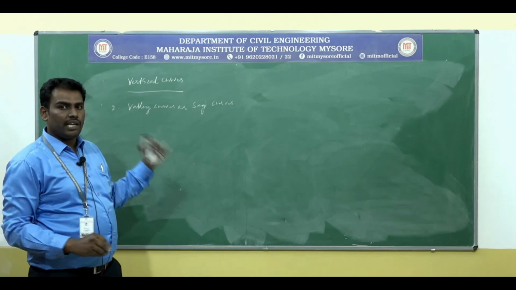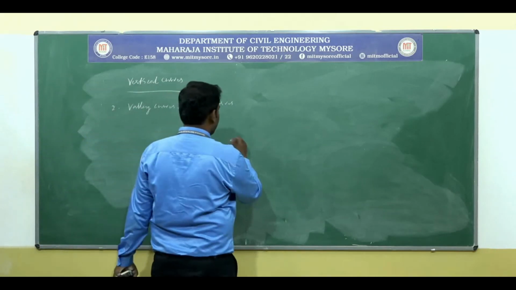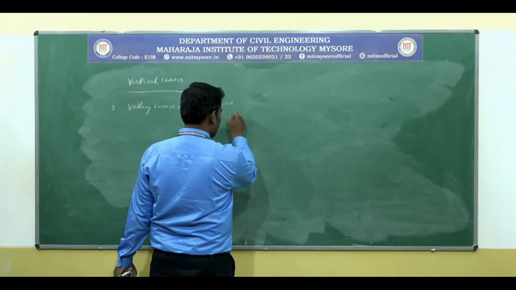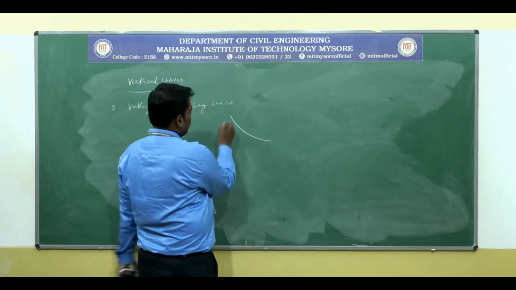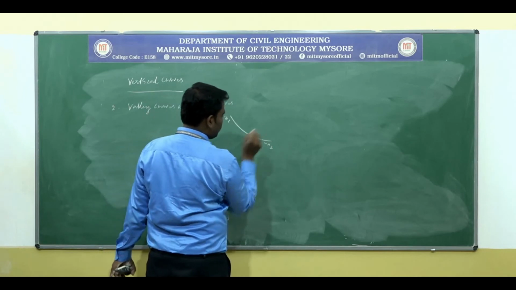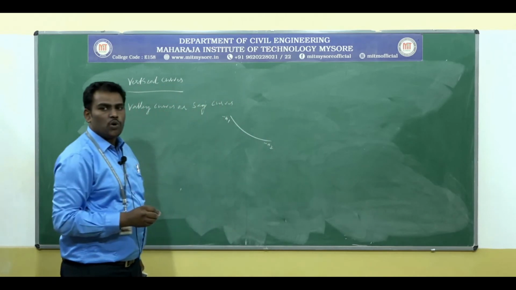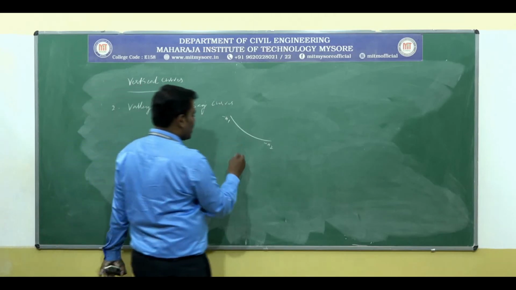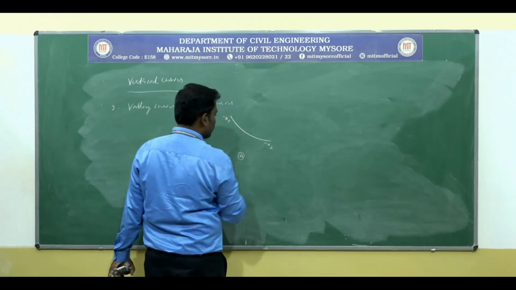The first case is minus n1, minus n2, that is a downward gradient followed by a downward gradient.